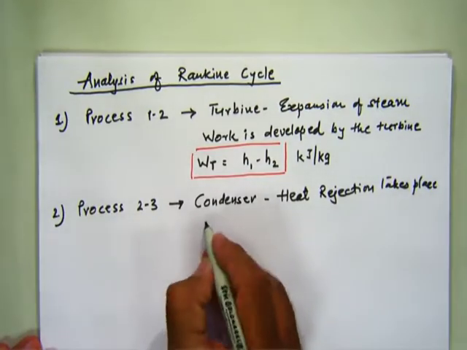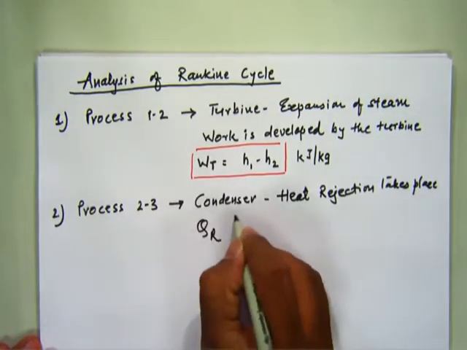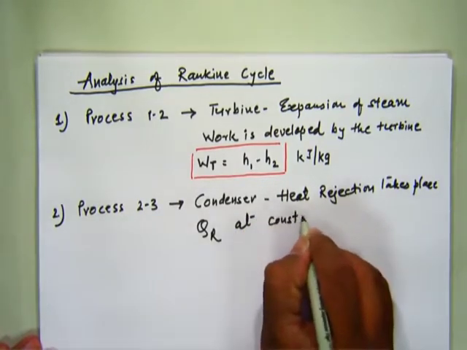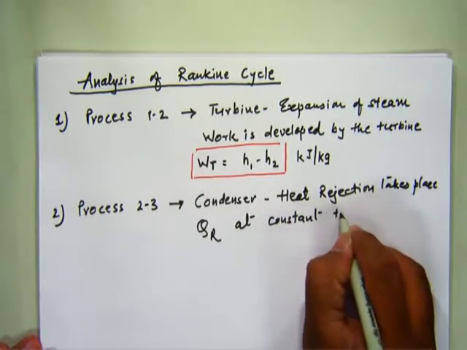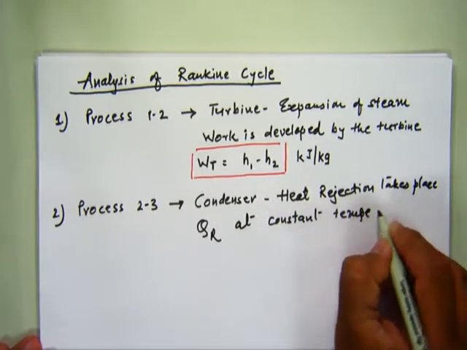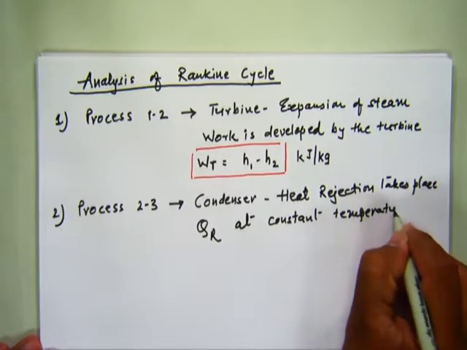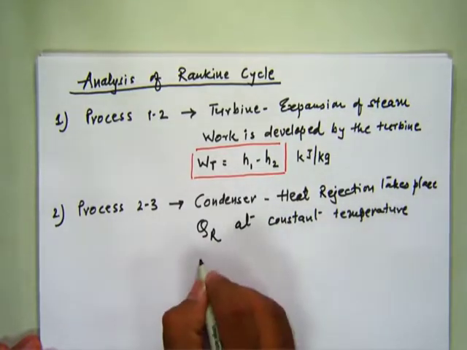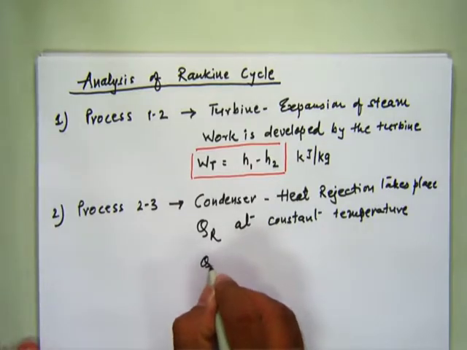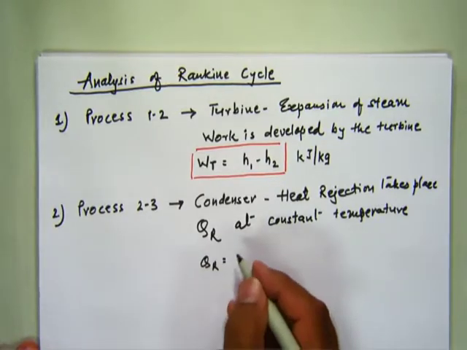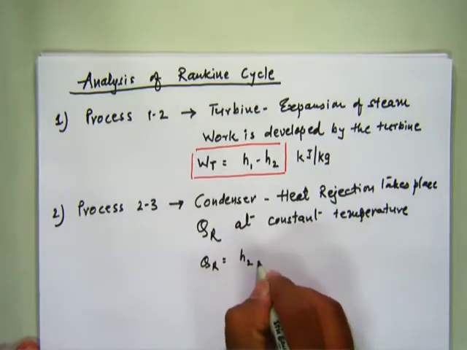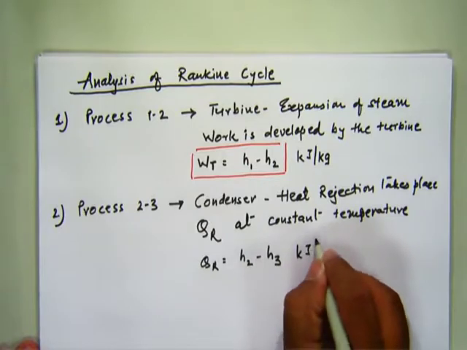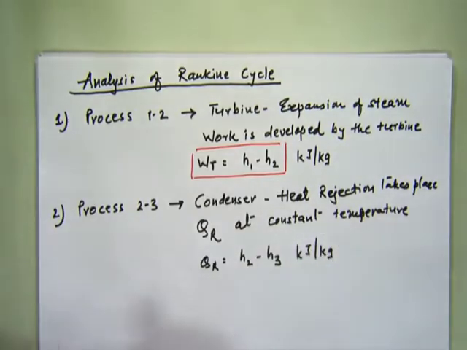Heat rejection takes place, that is QR, at constant temperature. So heat rejection QR, you will have QR is equal to H2 minus H3 kilojoule per kg.